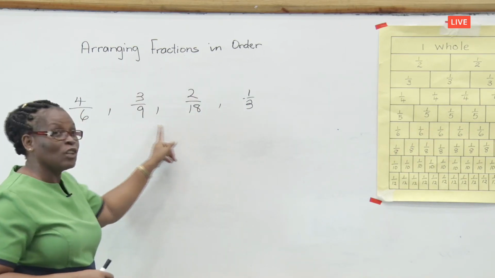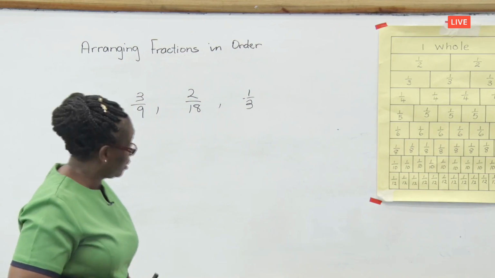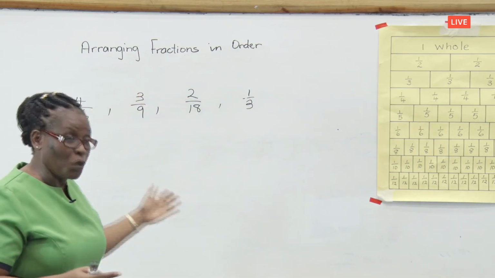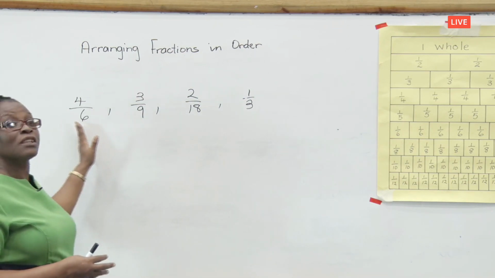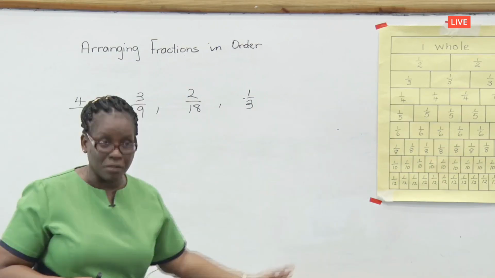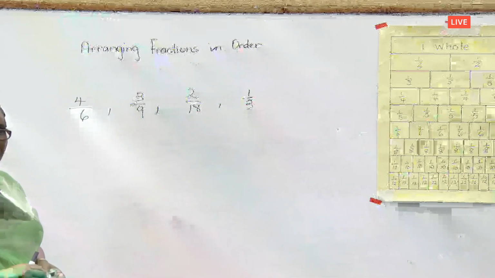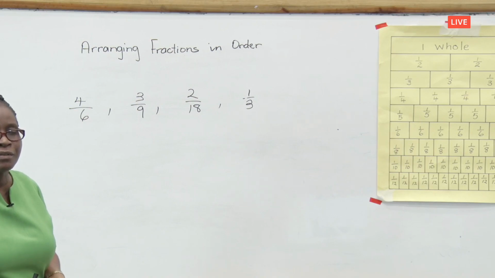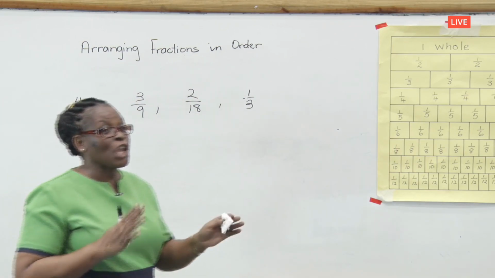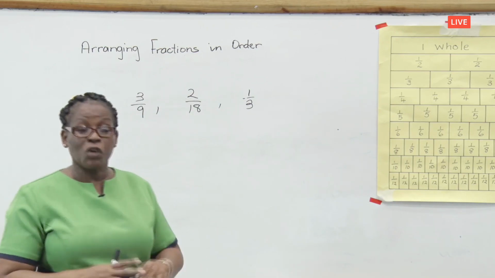What do you notice about these fractions? Yes, all the numerators are different, and all the denominators are different. So we cannot say when the numerators are the same, we look at the denominator. So we'll have to do something else to arrange these in order. Can you think of anything we can do?